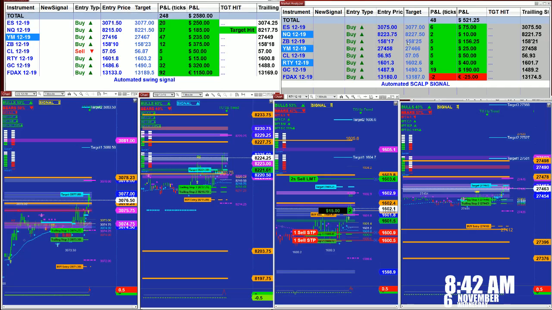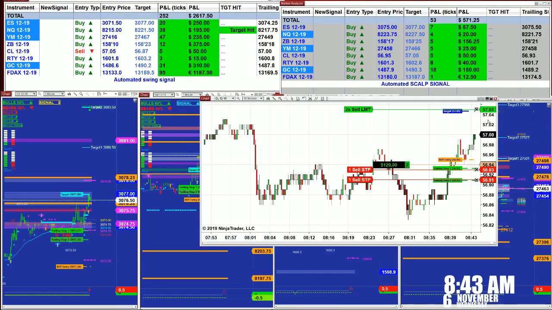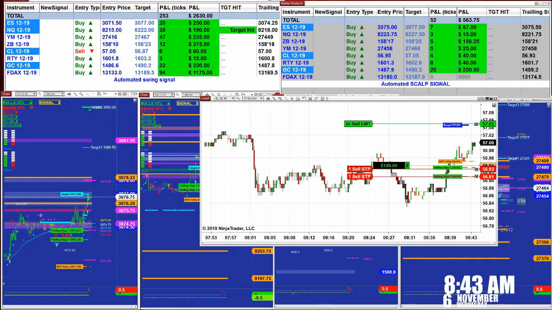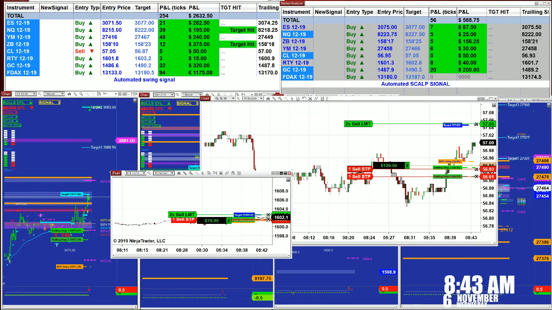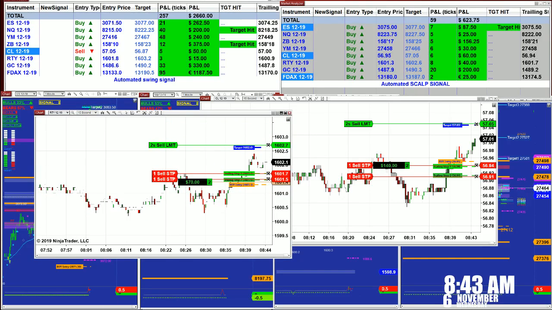So there are two different signals here: the swing trading, and this is an example for the scalping. This is the white chart we use for scalping, and it is actually very high frequency. It's a 15 second trade, and it is really doing a great job.